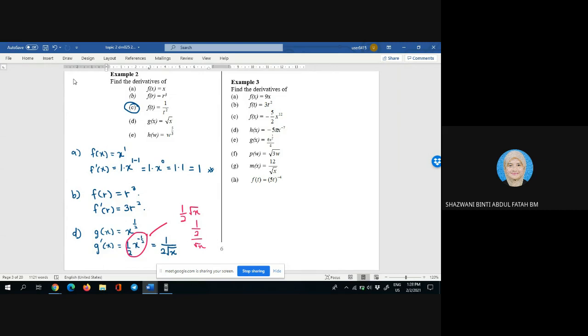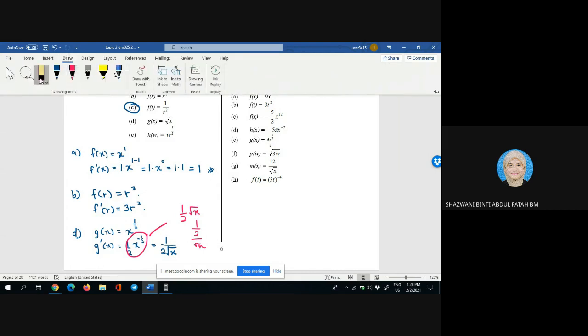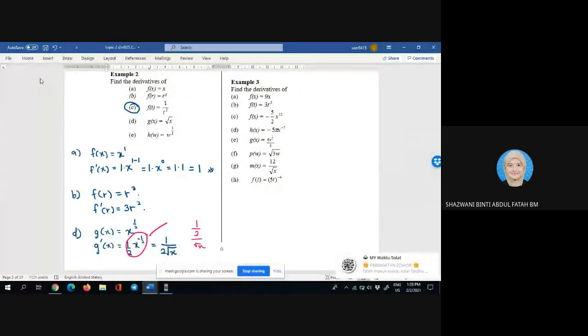So dia akan jadi 1/, semua sekali 2 root x. Alright, so this is the answer lah. Okay, untuk D. So yang ini cikgu padam. Okay, so the right one. Okay, so you will have 1/2 root x.